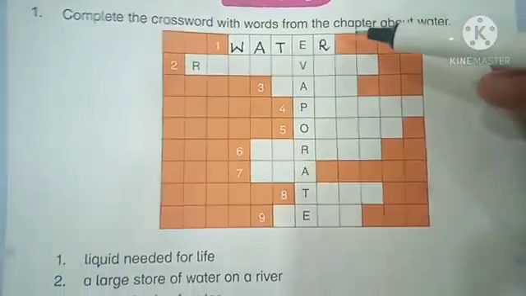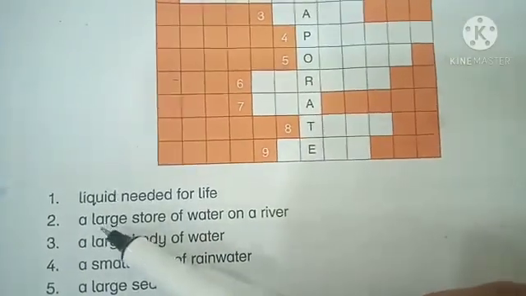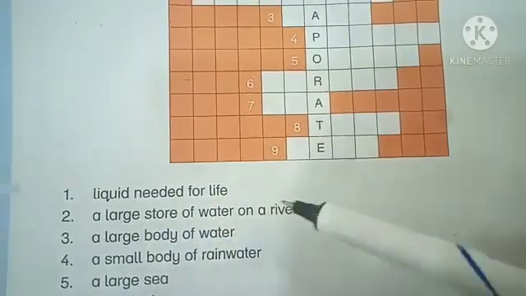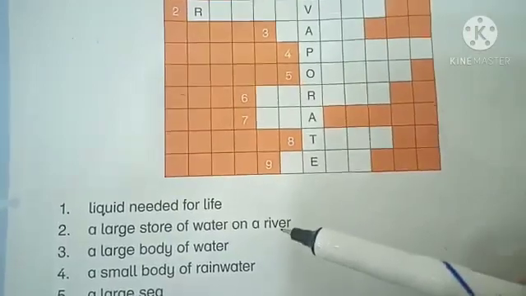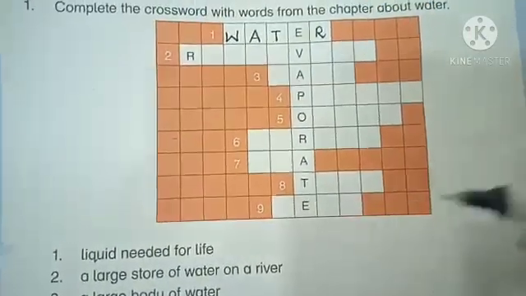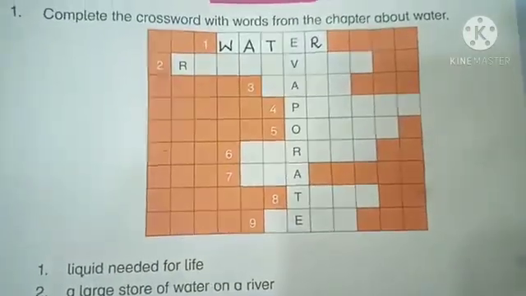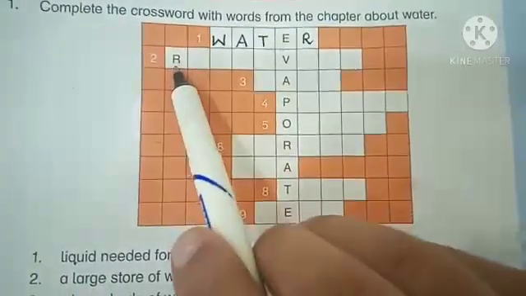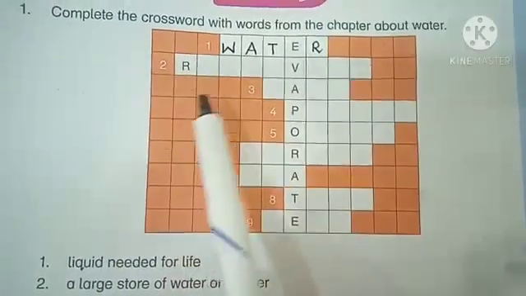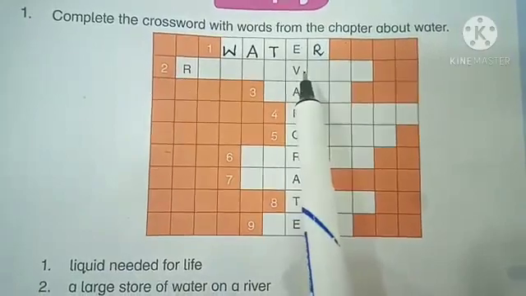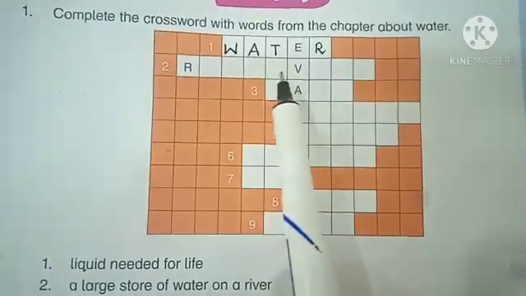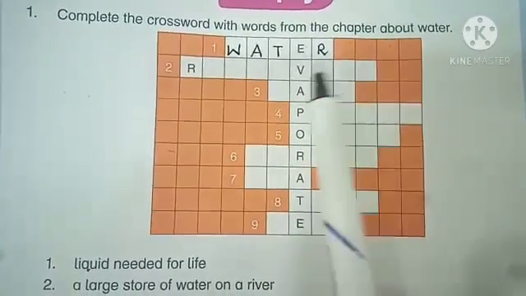So second one is a large store of water on a river. So what's the name of the storage of water on the river? It's reservoir. So R is written here in front of number 2 and V is also written here. We have to fill these boxes which are empty.